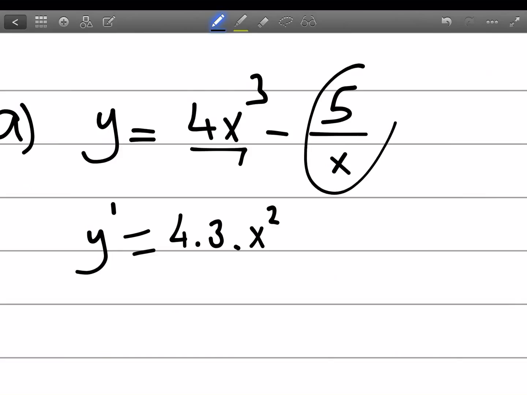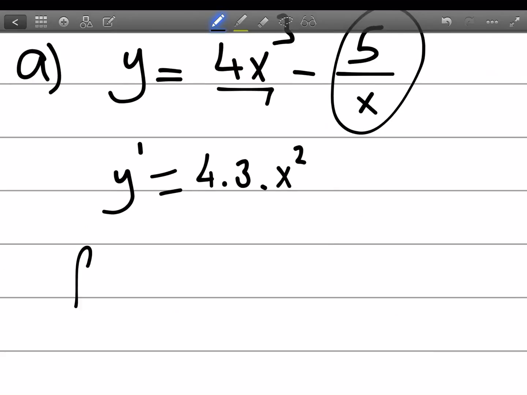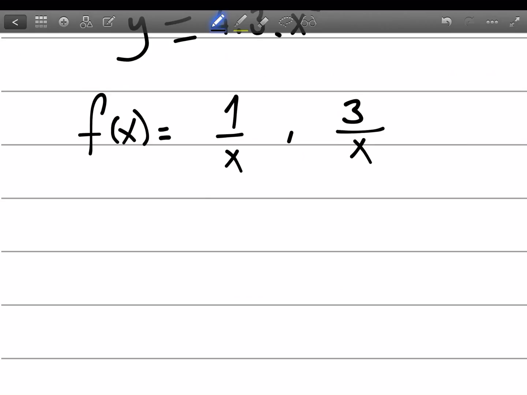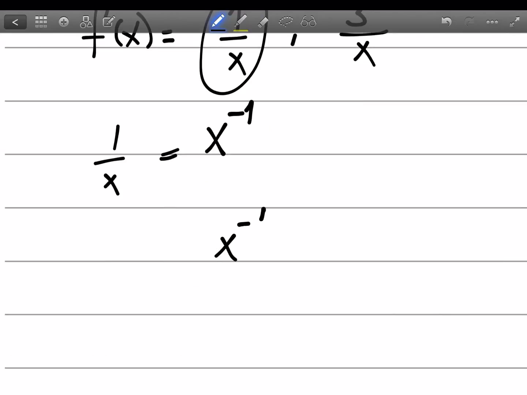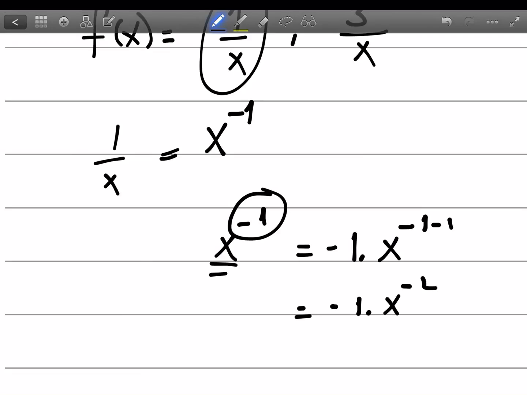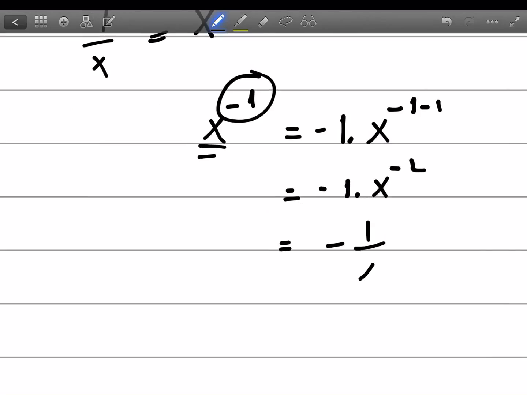What about this one? For example, if f of x is 1 over x or 3 over x, the derivative of this one is really easy. We can write this 1 over x like x to the power of minus 1. And we can take the power in front of the unknown, and when we reduce the power, it will be minus 1 over x squared.